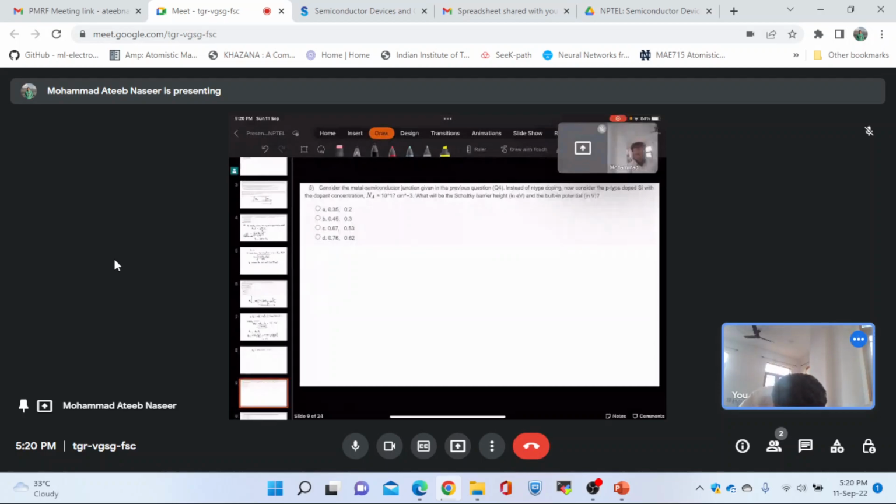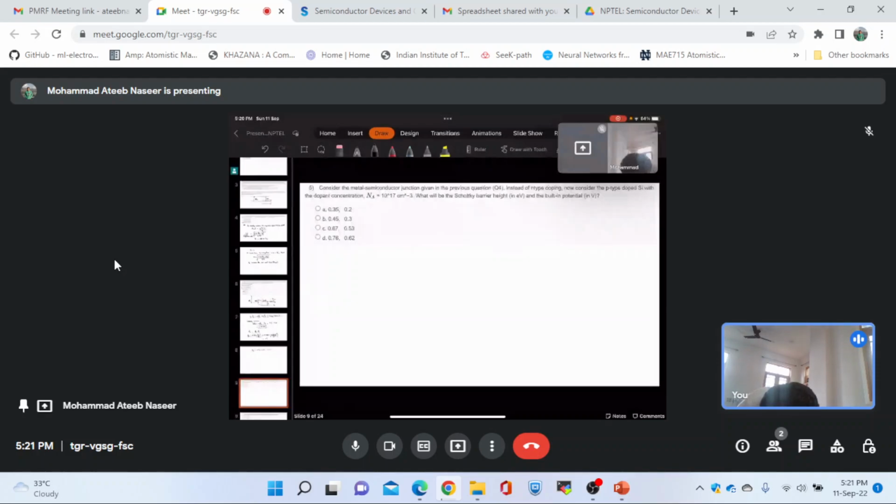So the difference in here will simply be, if I draw the energy band diagram beforehand, if this is the vacuum level E vacuum and this is the metal work function, this is 4.5 as we know, and this is the electron affinity, which will simply be equal to 4.05 as it's given for silicon, and for silicon the band gap is 1.12.